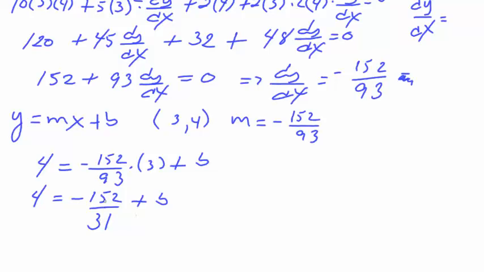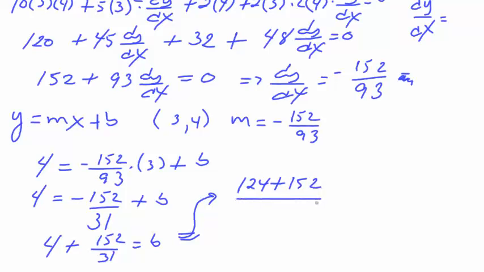Plus b. Now let's take this over to the left hand side. So we have 4 plus 152 over 31. That's equal to our b. Let's continue this right here. And so we end up with 4 times 31, which is 124, plus 152, and that's all over 31.